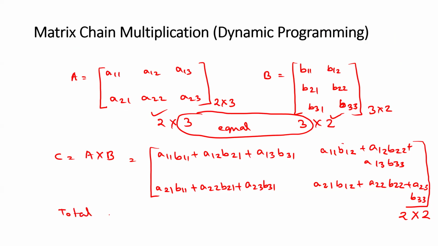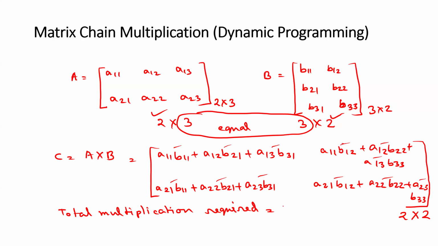Here, how many multiplications are used in total? 1, 2, 3, 4, 5, 6, 7, 8, 9, 10, 11, 12. So it is 12.